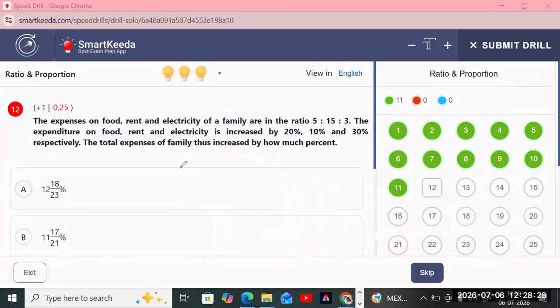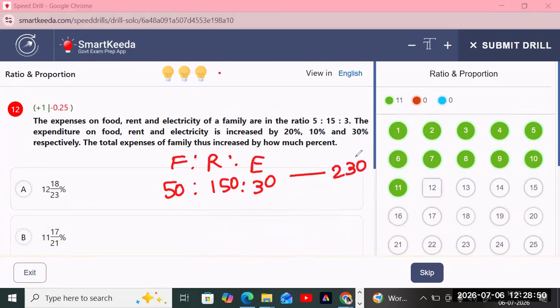The expenses of food, rent, and electricity are in the ratio of 5:3:30. Food is 150, rent is 150 and electricity is 30. The total 180 into 230. The expenditure of food, rent, and electricity is thus increased by 6/5, 11/10, and 14/10.